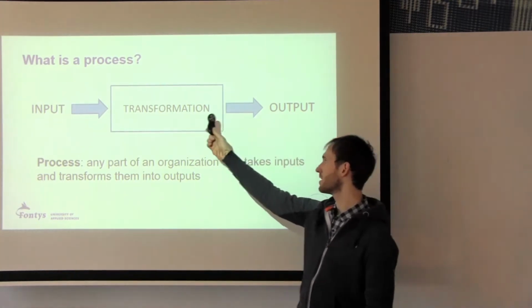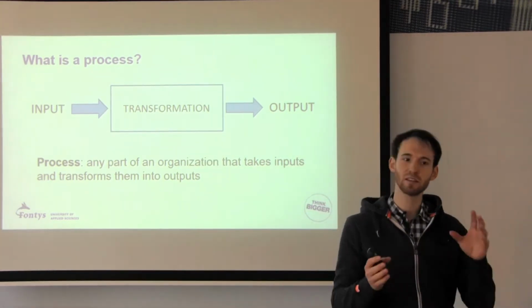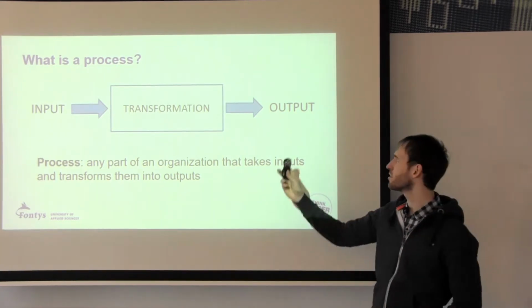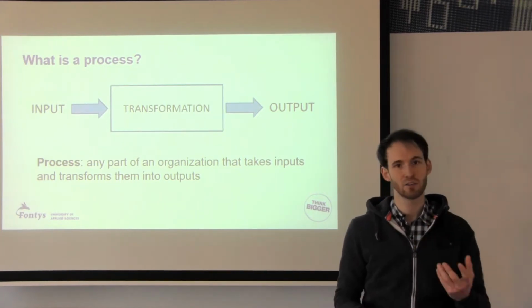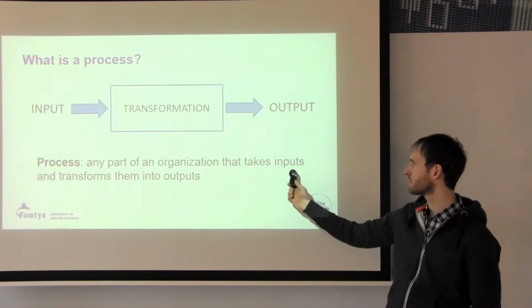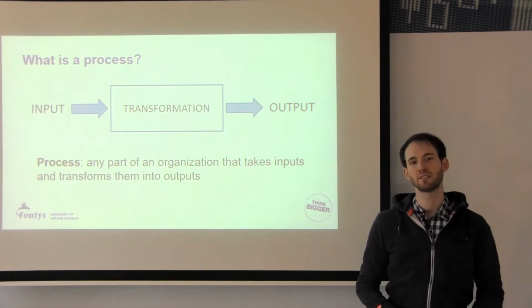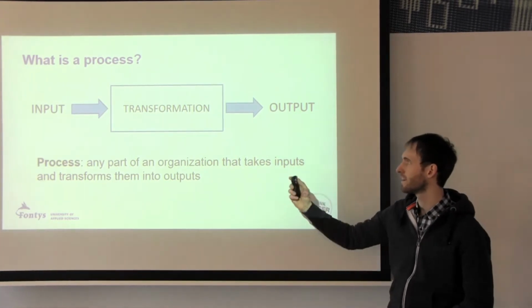Inside the box, the inputs, let's say hours of employees, are matched with certain materials. And in the end, you get an output, which can be units, which can be money, and so on. So a process is any part of an organization that takes inputs and transforms them into outputs. That's very, very simple. I just wanted to use that as a starter to refresh this idea.